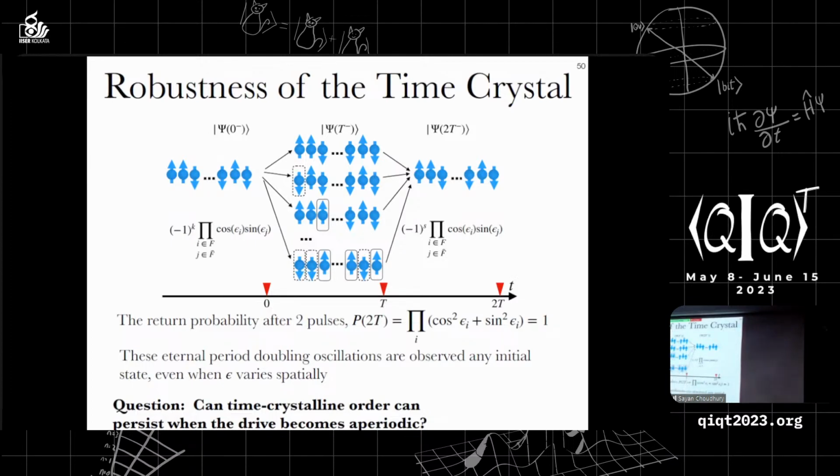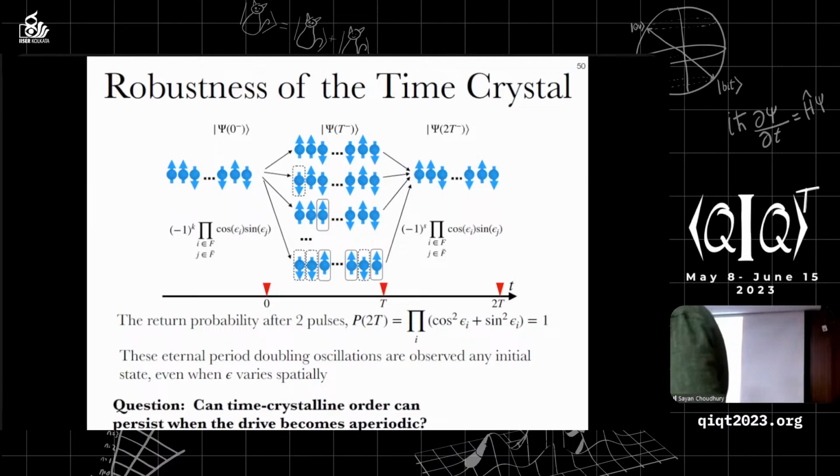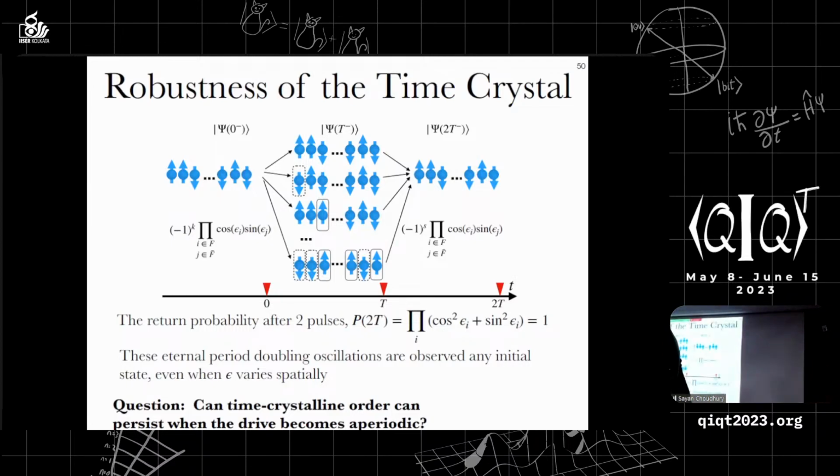For this particular value of the interaction strength, we can be 100% sure that you will get back: whatever the imperfection had done, the interactions will recover it.